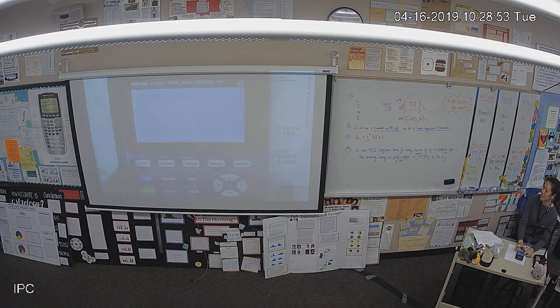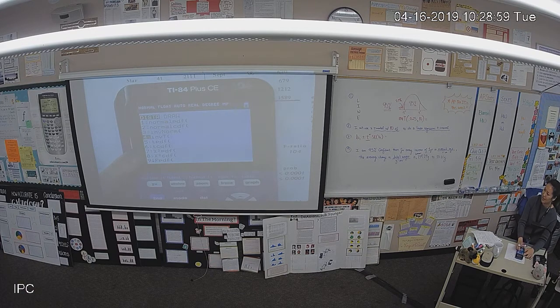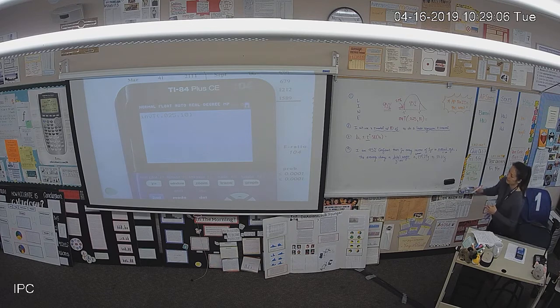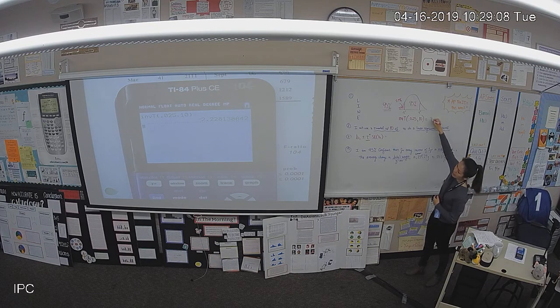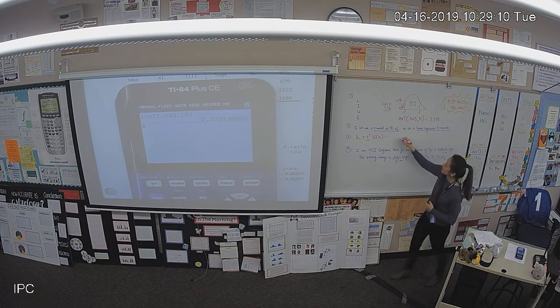Inverse t, we go second, distribution, this one right here, number 4. So 2.228.